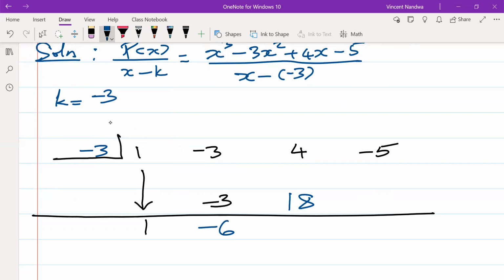You add 4, you get 22. Next, you multiply negative 3 by 22 to get negative 66. And then you add negative 5, you get negative 71.